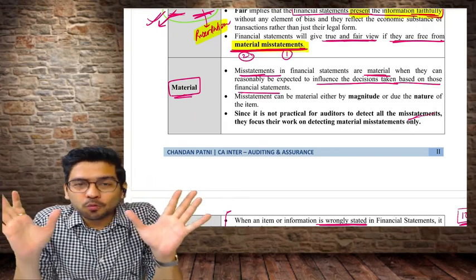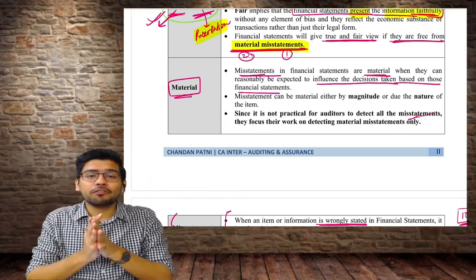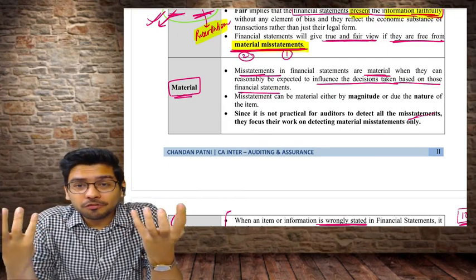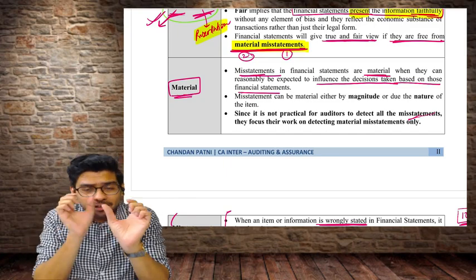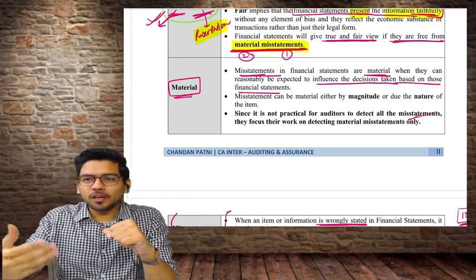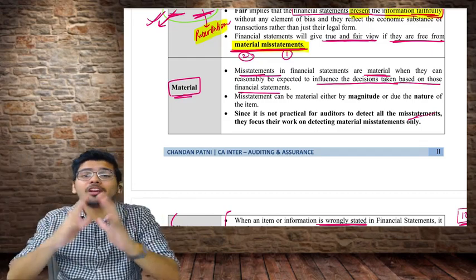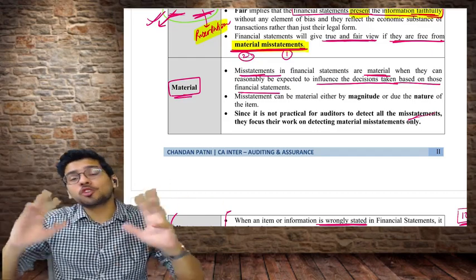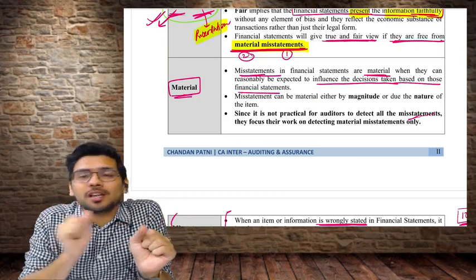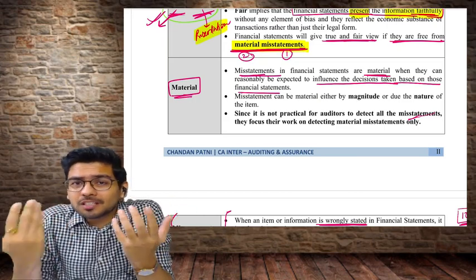I'll give you examples, don't worry, but let us understand the word first. Material means something which is of high significance, and if this item is misstated, the users will end up taking wrong decisions. The users' decisions would change. If an item is of such significance, we call it material.